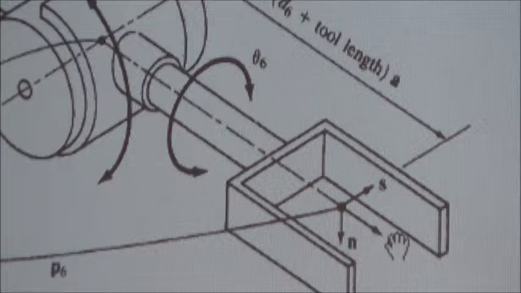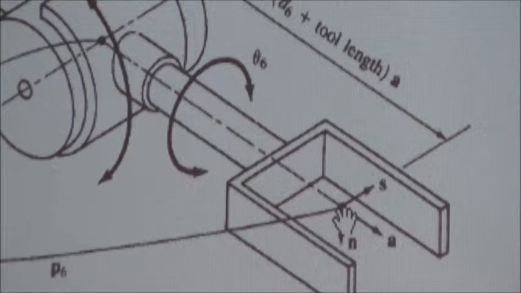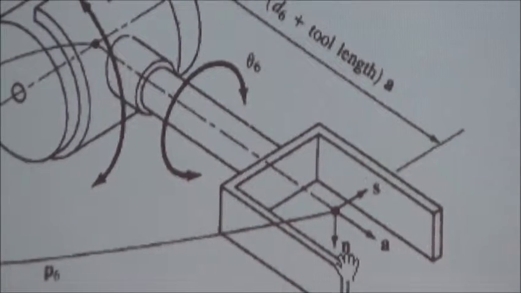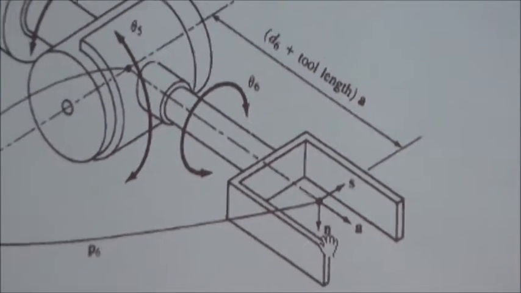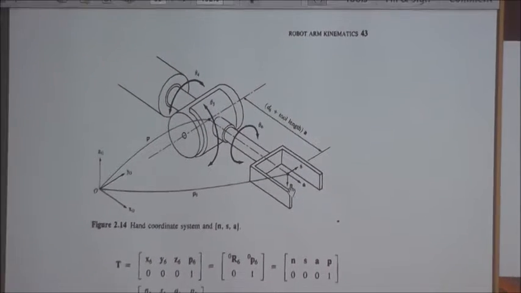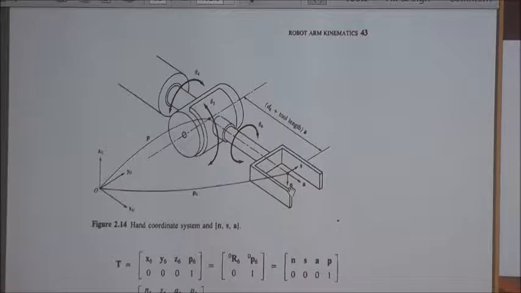S is perpendicular to the blades or the fingers, and N is the third one, which is given by the right-hand rule. If you have, for example, A cross product with S, you get N.